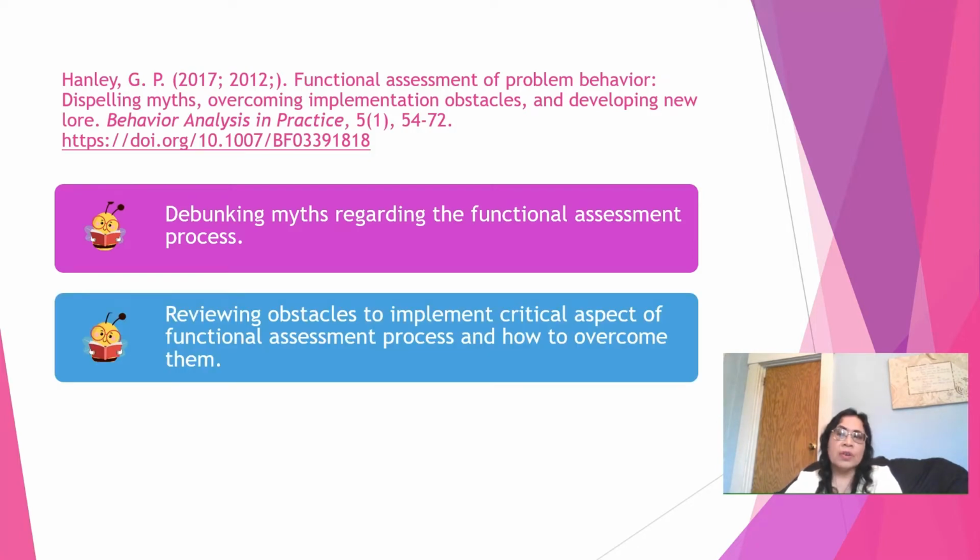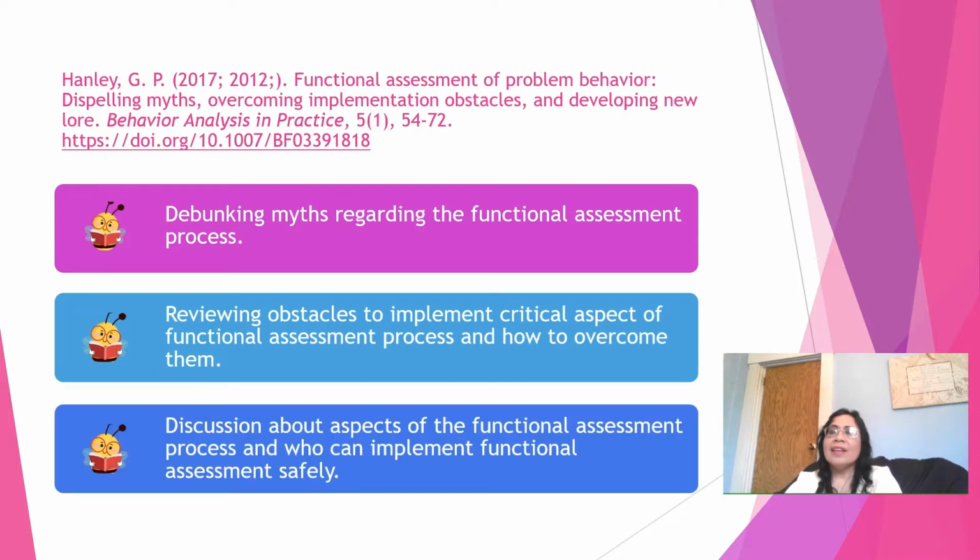The author also reviewed obstacles to implementing aspects of functional analysis and how to overcome these barriers. Lastly, Hanley discussed the characteristics of the functional analysis procedure and answered the question of who can implement functional analysis safely.